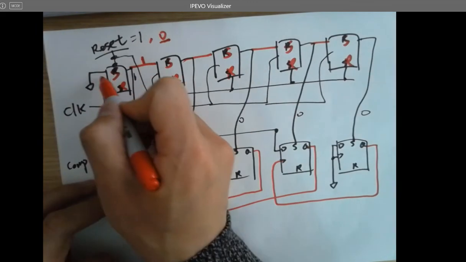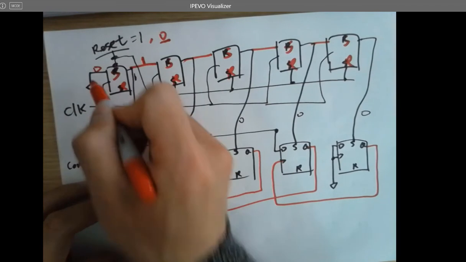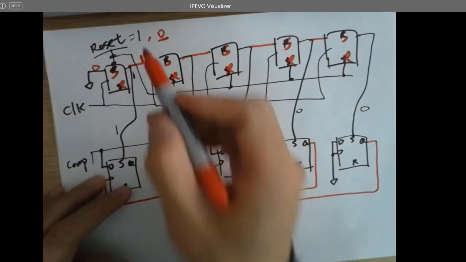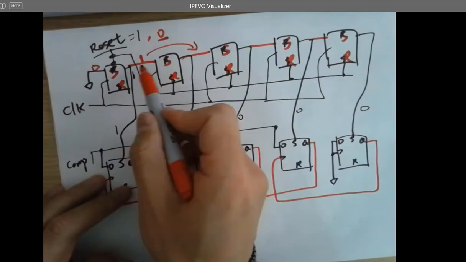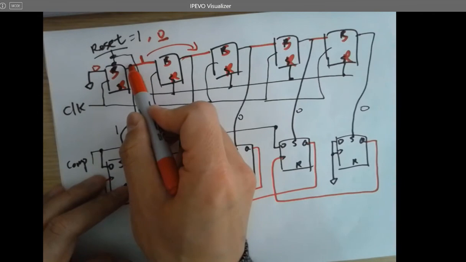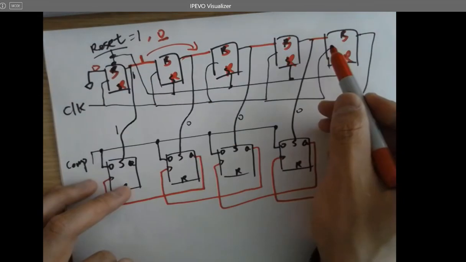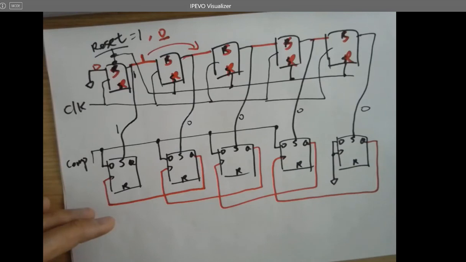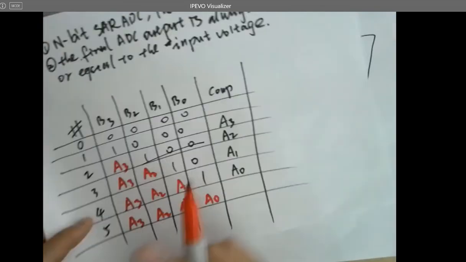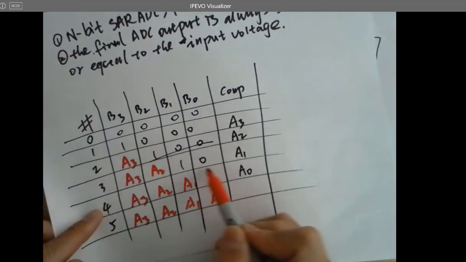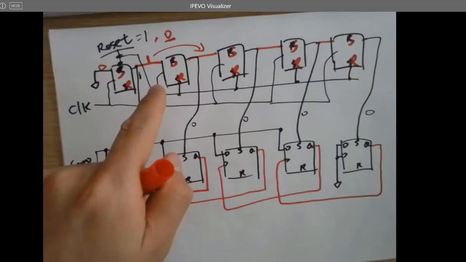So because I short the first D to the ground, in the next cycle, this one will be shifted to here, but this will be replaced by 0 sequentially. That's how you do this. Because of this.